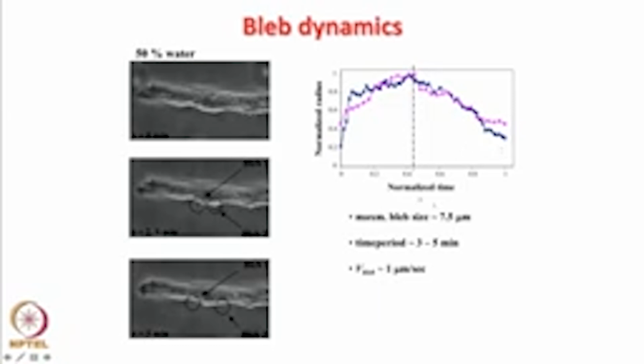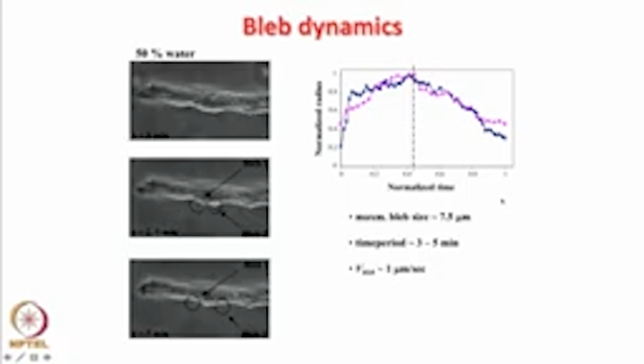Your bleb size in this particular example is of the order of 7 to 10 microns, and they exist over a time period of 3 to 5 minutes, with a velocity of the order of 1 micron per second. So, this shows that there must be a way in which, for the 50% case, these blebs are getting formed, growing in size and then reducing in size again, suggesting that there is some self regulation.